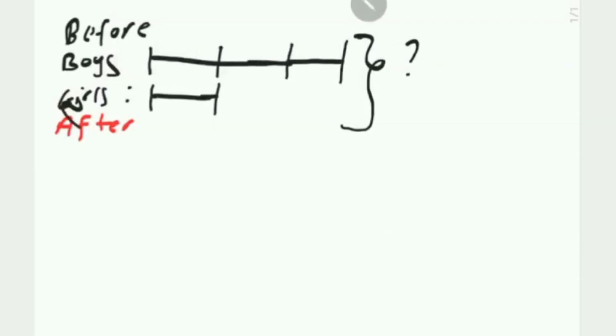We had twice as many boys and 3 times as many girls. So boys, our boys in the before have 3 units. So our boys after became twice, so that will be 6 units.